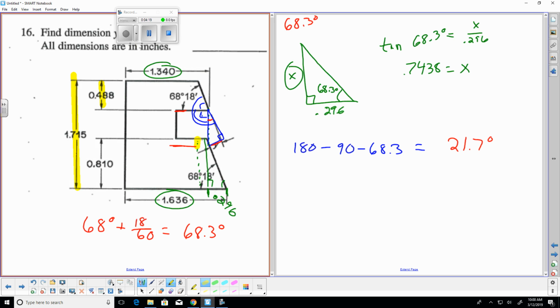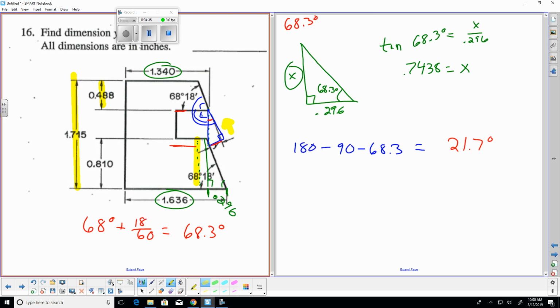And that should give me this distance in here, which is what I want. So let's see if we can figure that out. Okay, so imagine this line kind of scooched up a little bit. That would make maybe a little bit more sense. So it lines up there.